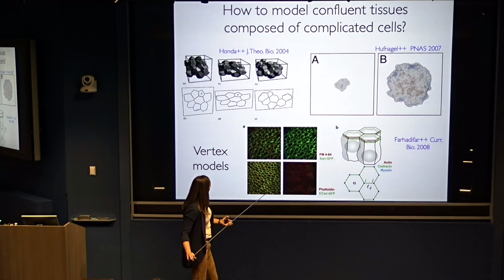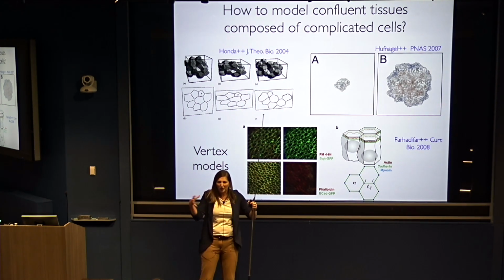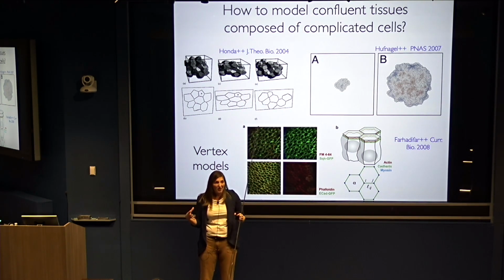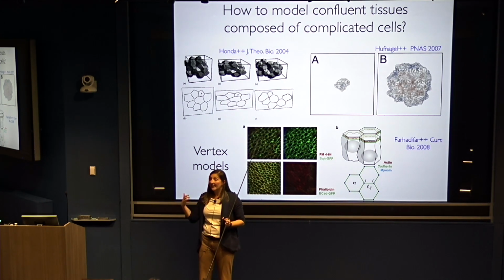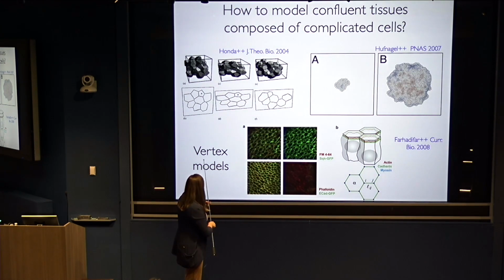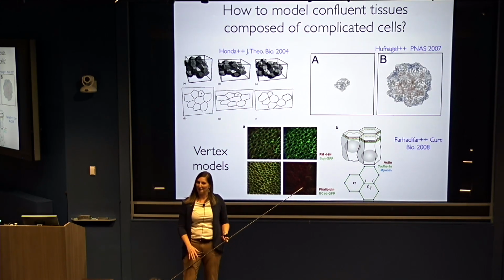So the idea is that I basically treat each cell in one of these epithelia, where they're all really tightly packed together and there's no space between them, almost like a foam, right? And I give each one of those interfaces an energy, and then I write down a mathematical model, and it's called a vertex model. For some statistical physicists, it's not the vertex model, it's a different vertex model.